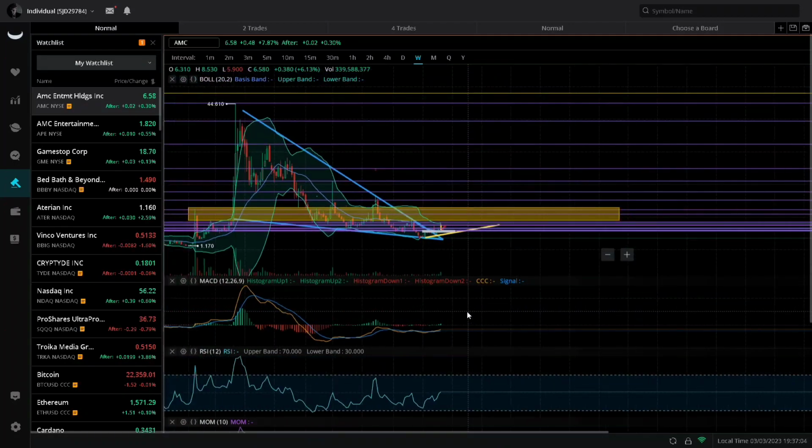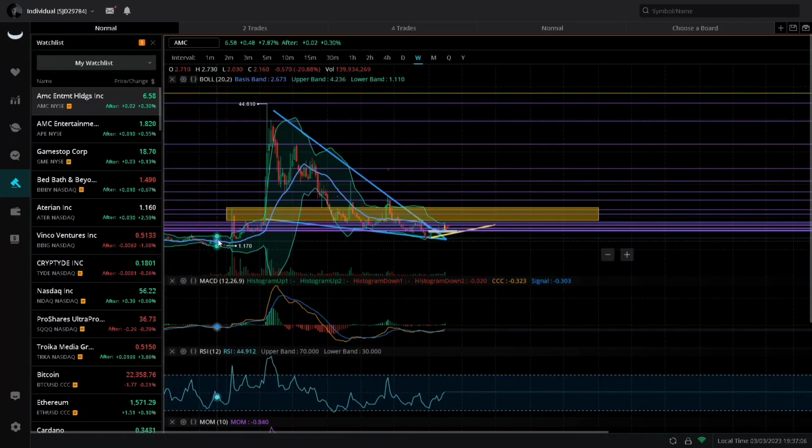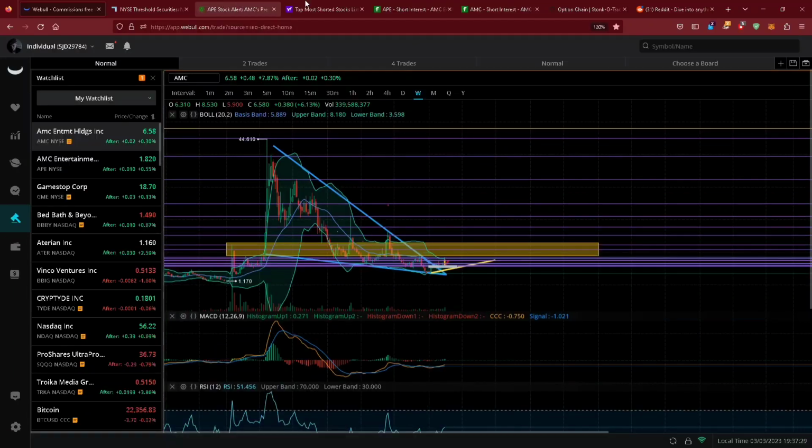And last time we saw that, we saw massive price action to the upside. Bollinger Bands getting very, very tight, constricting on themselves, massive pop to the upside. Now they were overextended because of that move, but Bollinger Bands getting very, very tight, massive pop to the upside. And once again, Bollinger Bands getting very, very tight, indicating a nice move to the upside is coming, in my personal opinion, especially with all these bullish fundamentals and technicals.